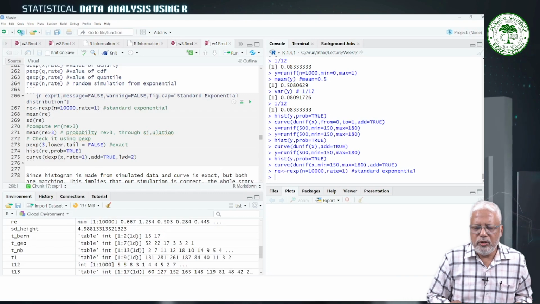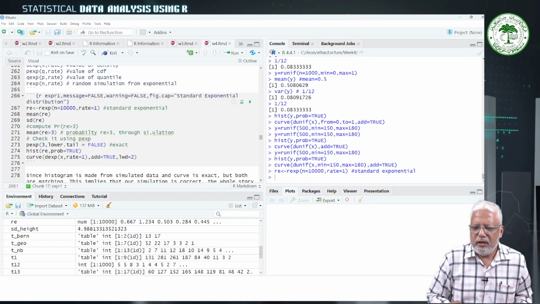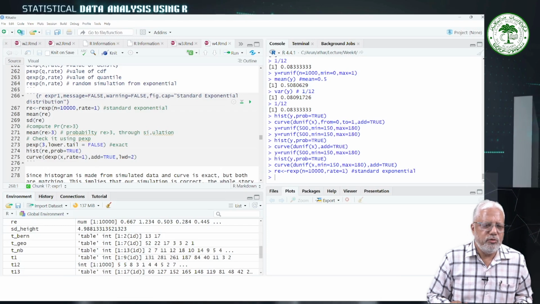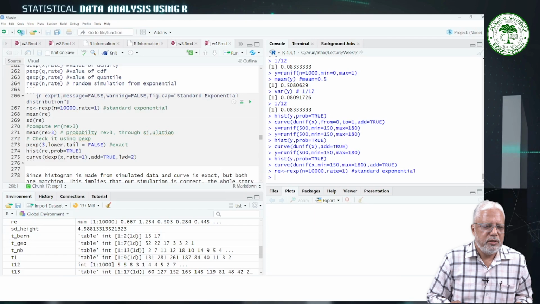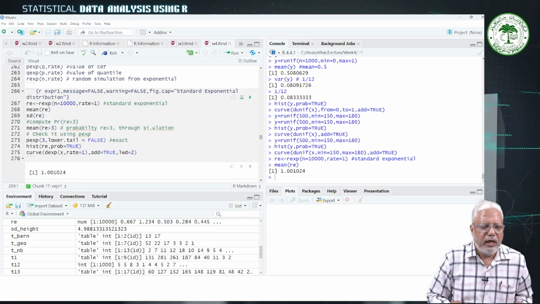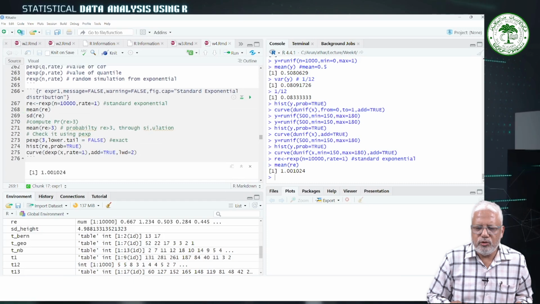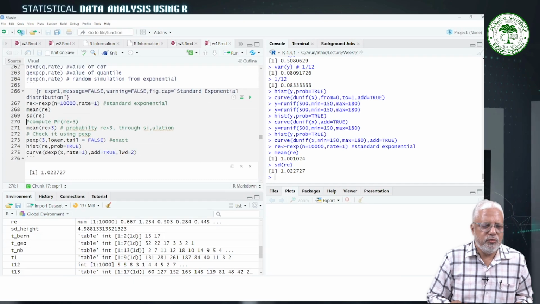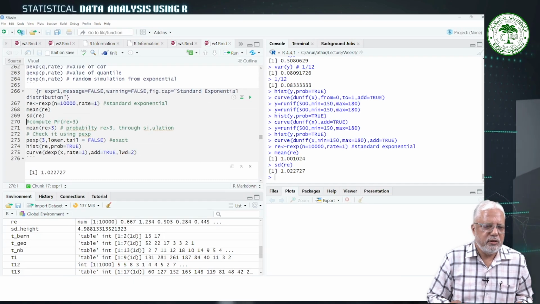And it is a well-known result that for rate is equal to 1, the mean of this distribution should be 1. So it is 1.00, and SD should also be equal to 1. So SD is also 1. That means our simulation is correct.